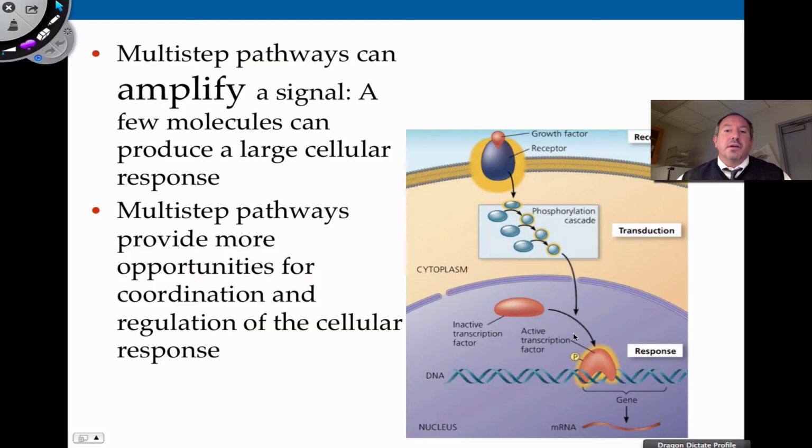In other words, by phosphorylating a transcription factor, that engages a particular promoter region of a gene, which is where RNA polymerase binds, and therefore a gene is then turned on, or maybe it removes a molecule that's inhibiting a regulatory protein. So it can either turn on or turn off a response.